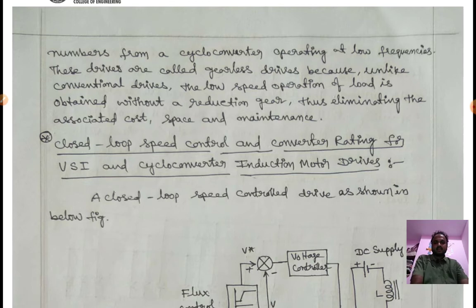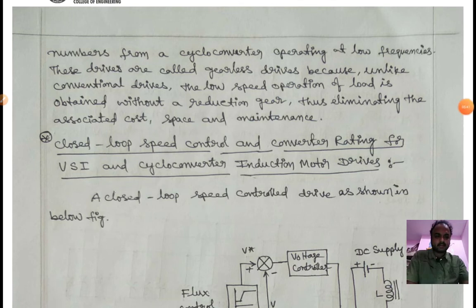Because they are gearless, we operate without gears, and we are also eliminating high cost, and getting less maintenance and less space by reducing the number of gears in cycloconverter control drives.